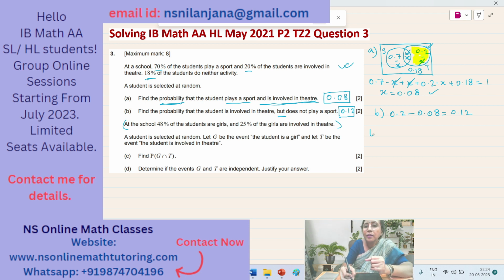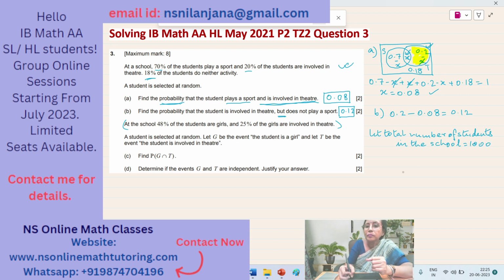So let the total number of students in the school equal 1,000.